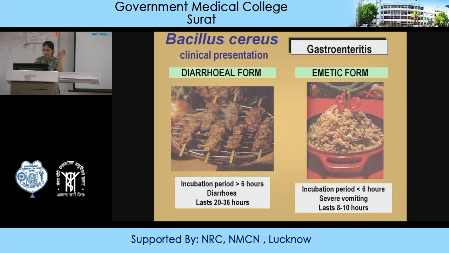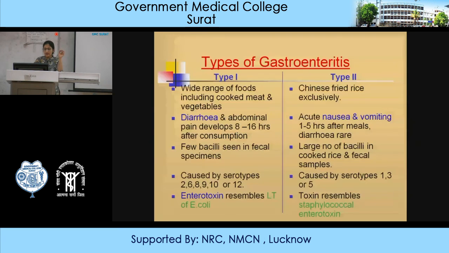They are divided into type 1 and type 2. Type 1 is the diarrheal type and type 2 is the emetic type. Type 1 is produced by a wide range of foods, basically cooked meat and vegetables, and type 2 is produced by Chinese fried rice.